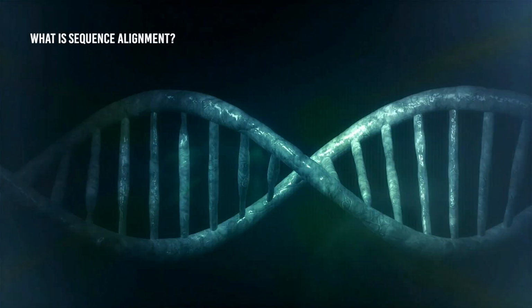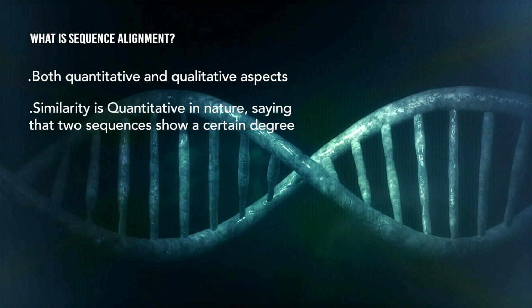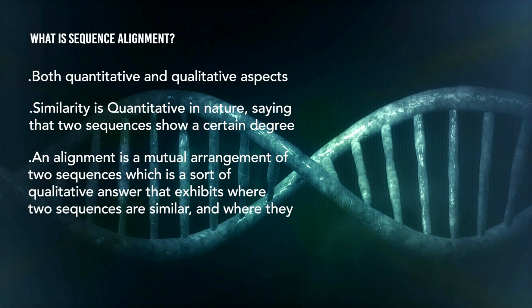Coming to the next point, alignment scores: similarity, identity versus distance. What is similarity in sequence alignment? It has both quantitative and qualitative aspects. Similarity is quantitative in nature, saying that two sequences show a certain degree of similarity, whereas an alignment is a mutual arrangement of two sequences, which is a sort of qualitative answer that exhibits where two sequences are similar and where they differ.